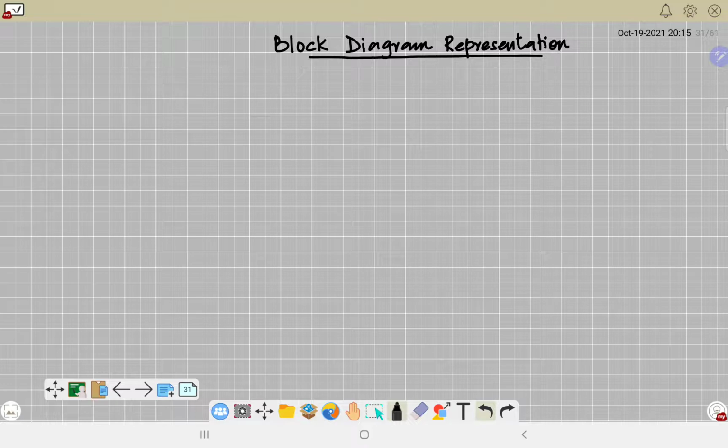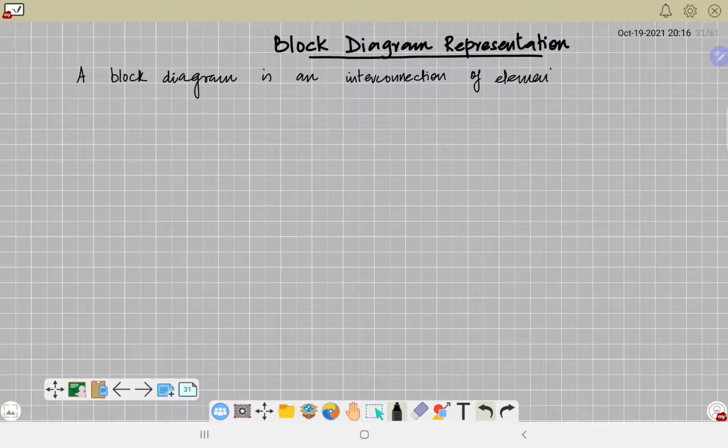Fine. So a block diagram is basically an interconnection of some elementary operations that act on the input signal.